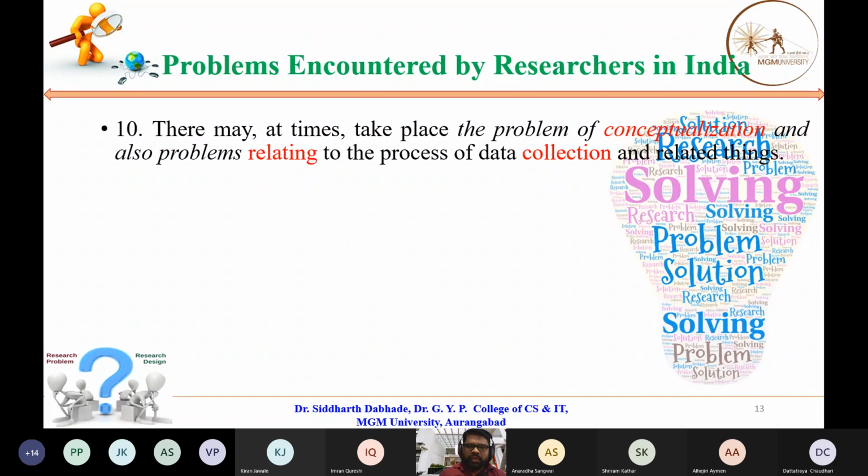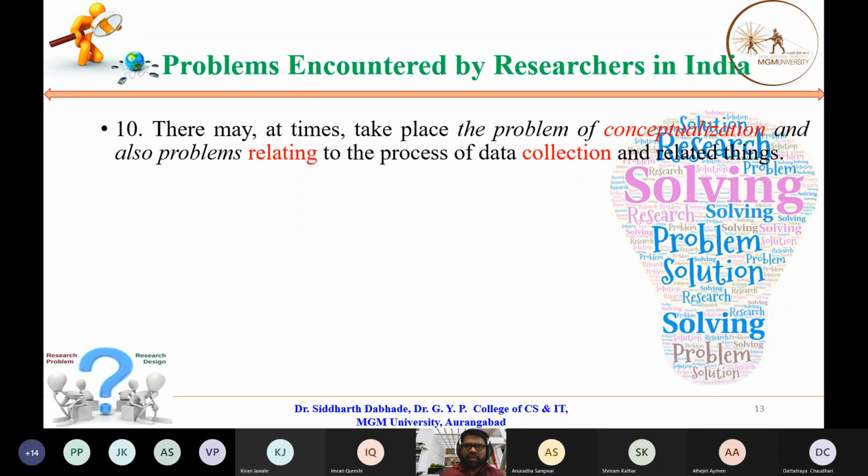Then the last point, which is a problem encountered in research in India, is conceptualization. So what is meant by conceptualization? Do you have any idea? There is a misconception between the researcher, the research guide and some other people.